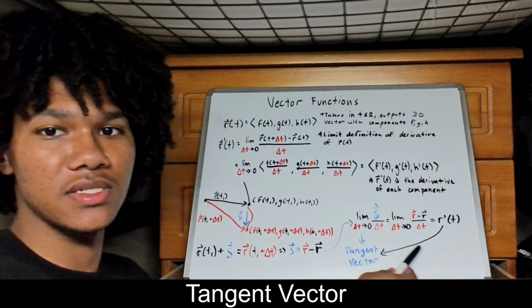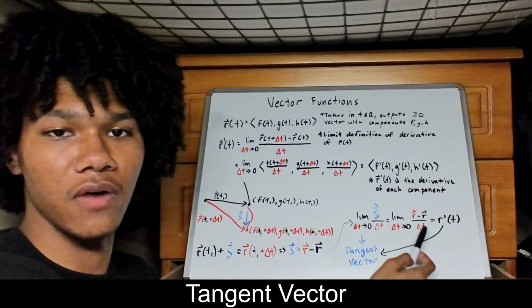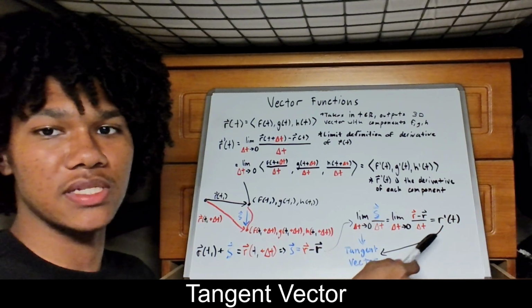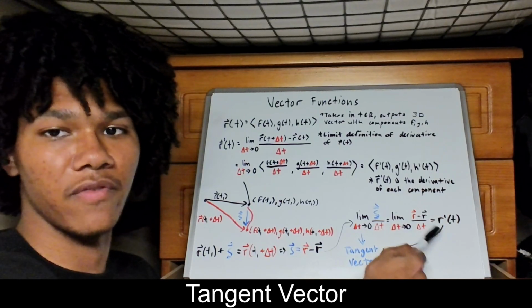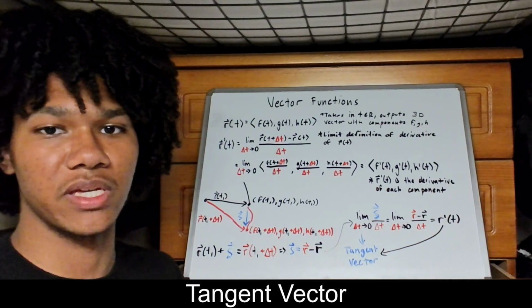And we know that this limit is eventually going to be the derivative of our vector function. So this limit of our secant vector is going to be equal to the derivative of our function. I want to explain what the limit of our secant actually means.